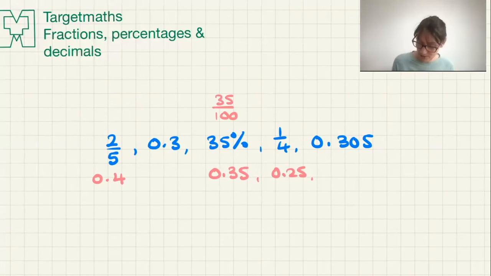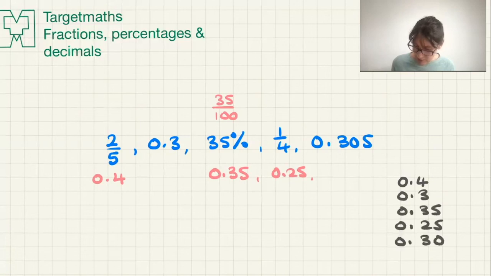So what we're going to do is we're going to put them, I'm not going to try and rearrange them. I've got 0.4, 0.3, 0.35, 0.25, and 0.305. Now, when I look at these decimals, this one here has 3 decimal places. It's got the most number of decimal places.